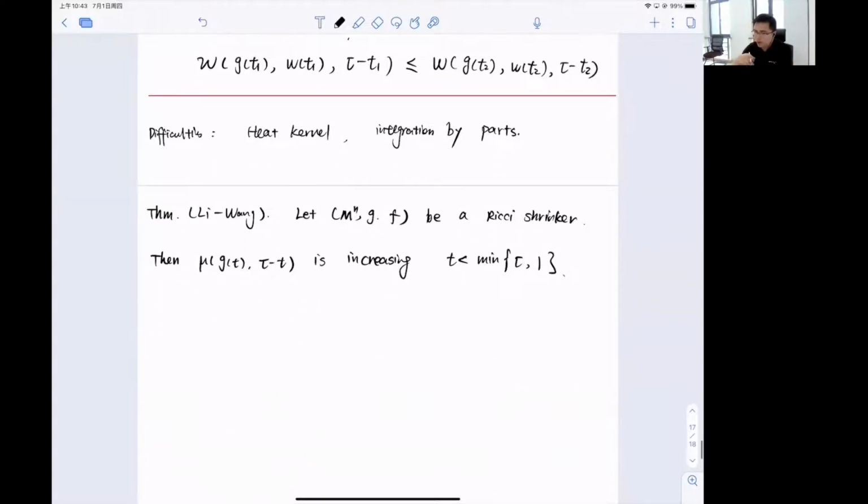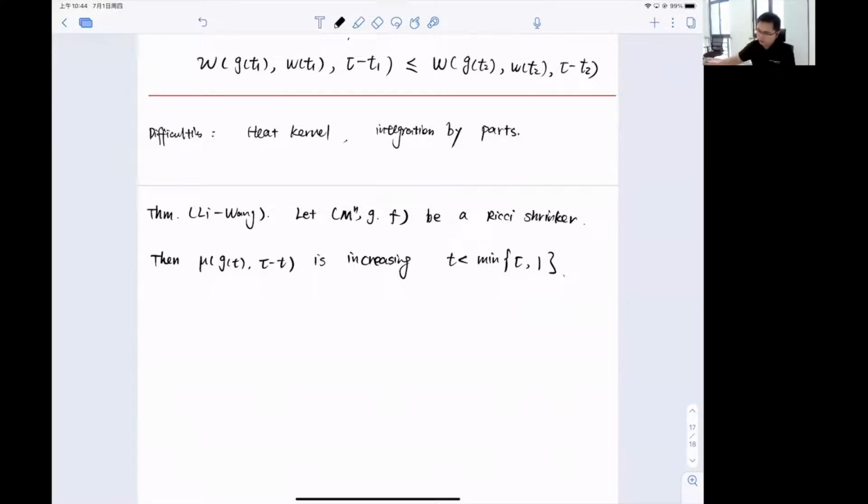So that means if we only restrict ourselves to self-similar solutions of the Ricci flow, that is, in the case of Ricci shrinker, the monotonicity theorem still holds. Now, I will not give details for this proof. I just want to show how we overcome the difficulties I mentioned before. That is how we construct a heat kernel and integration by parts.